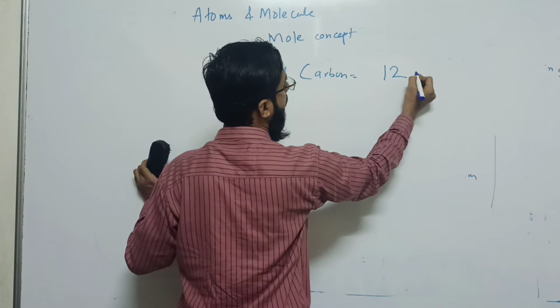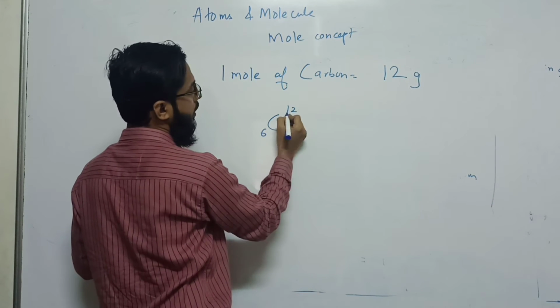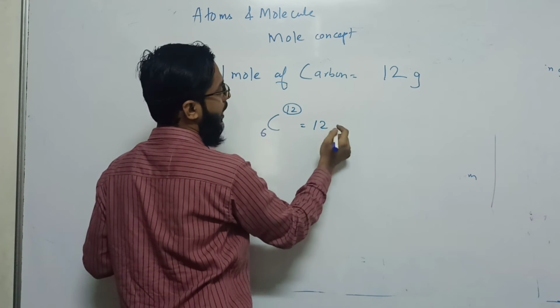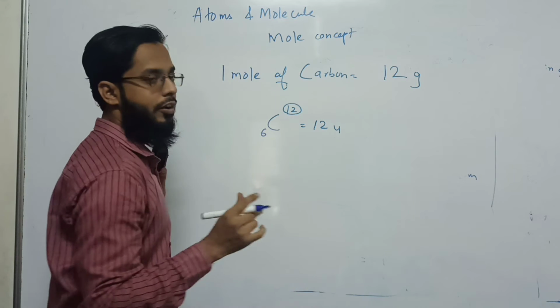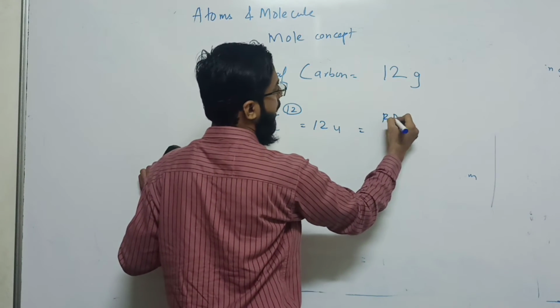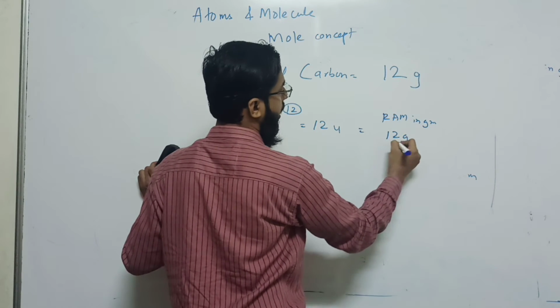It would be 12 gram. Why? Because carbon is C-12. This 12 is actually 12 U, that is unified mass, relative mass. But when we convert into grams, it is equal to 12 gram.